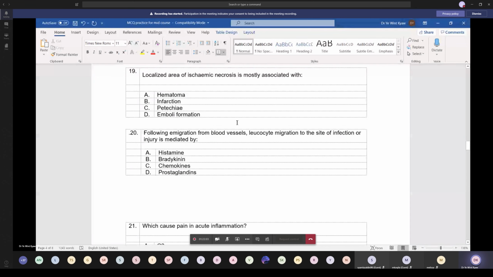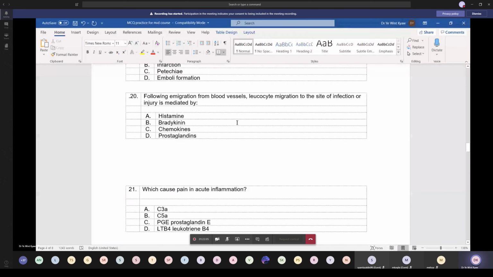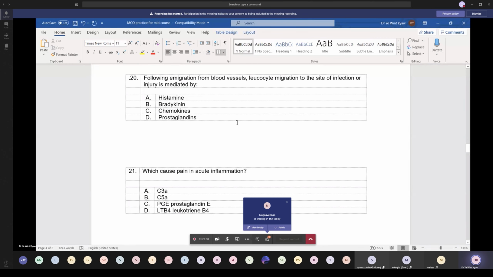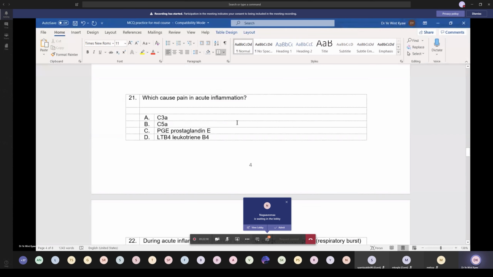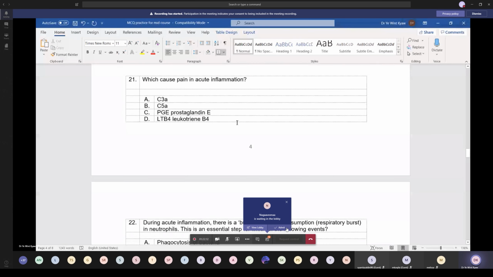So what can produce pain in acute inflammation? Chemical mediators, you should know. Pain in inflammation. I will not tell the answer; discuss with each other. Quite easy.